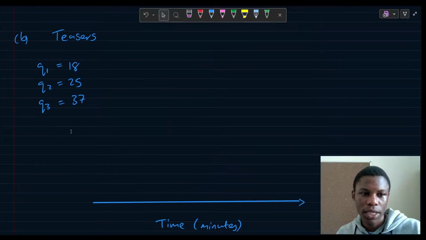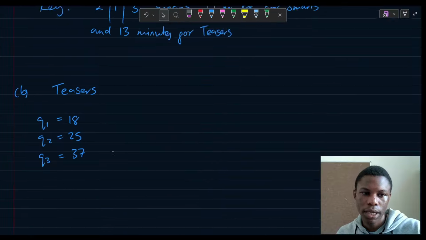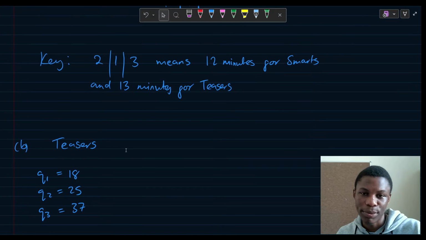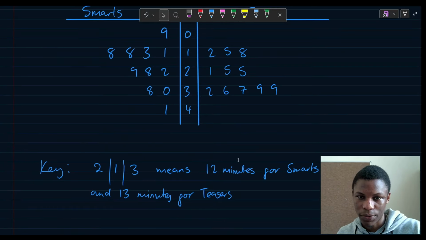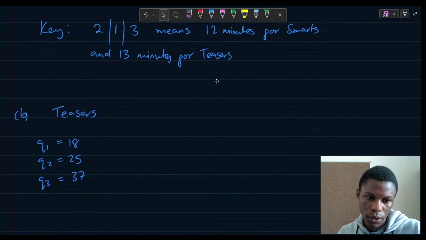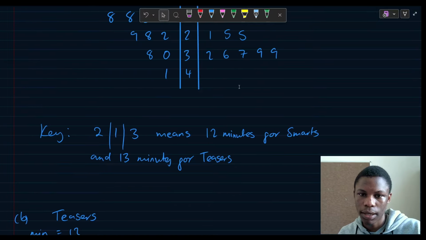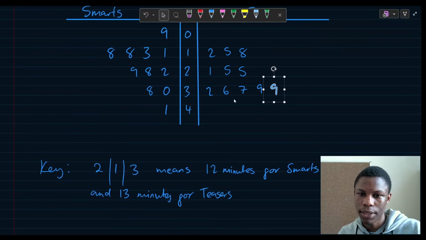For the Teasers, we've already been given Q1, Q2, Q3. We just need the minimum value, the smallest value, which is 12. And the maximum value is the largest value, which is 39.